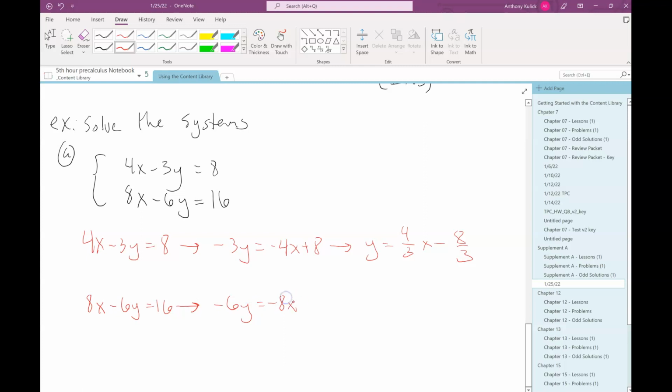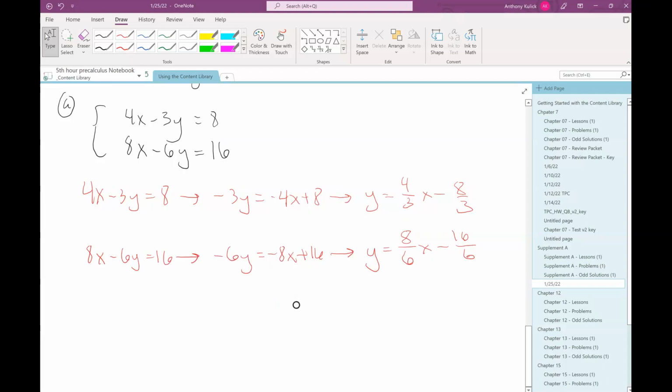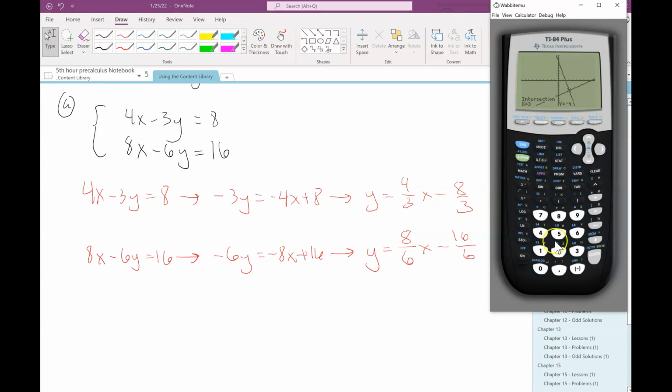So subtract the 8x over, and then divide by the -6. Okay, well, there's my two equations. So I guess I'll just go and type this into my calculator.